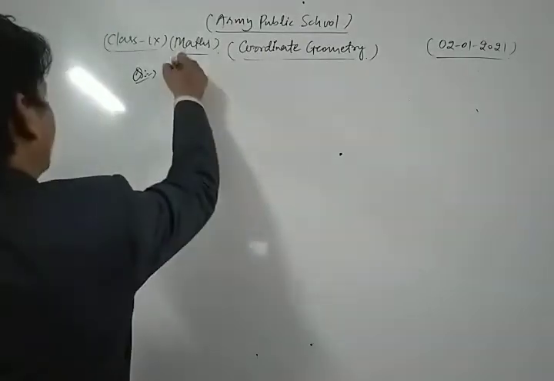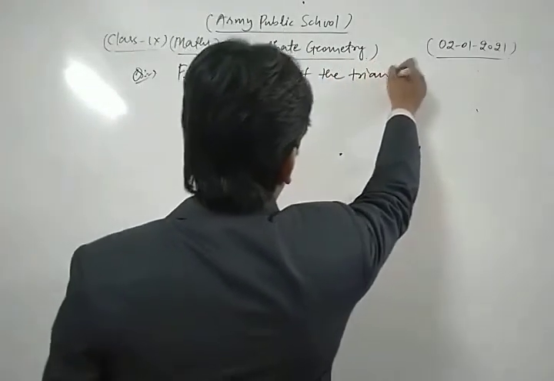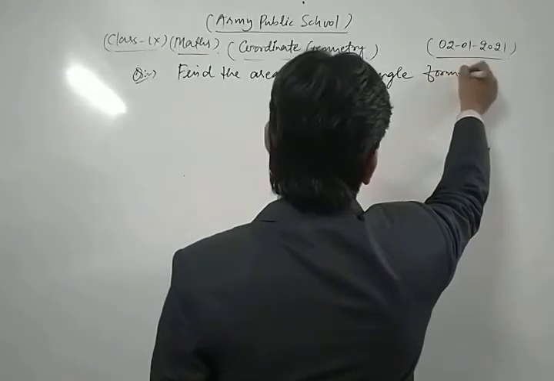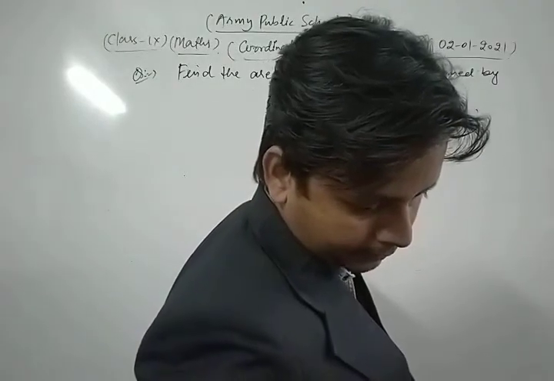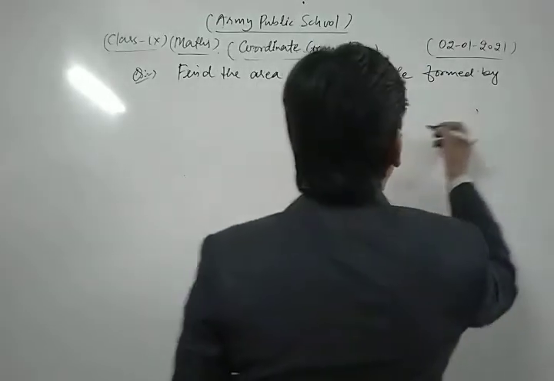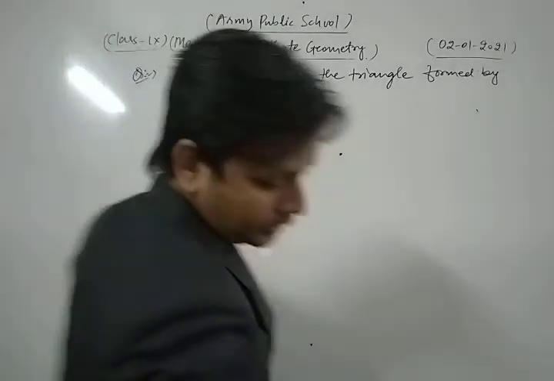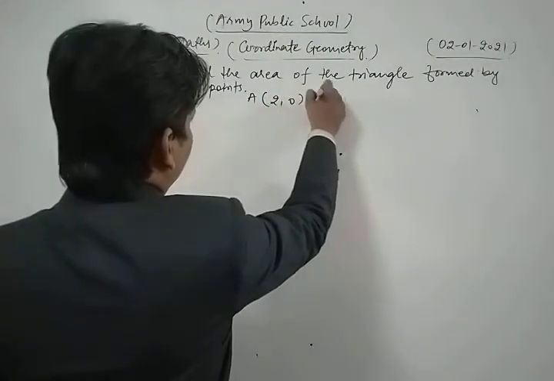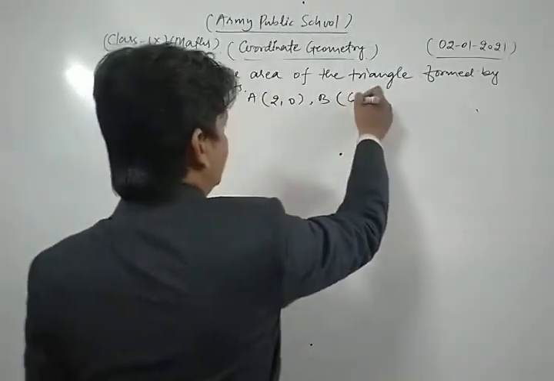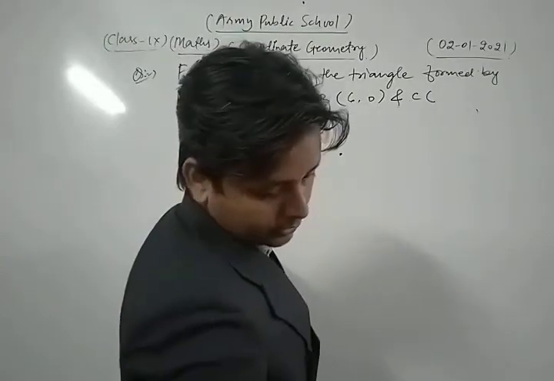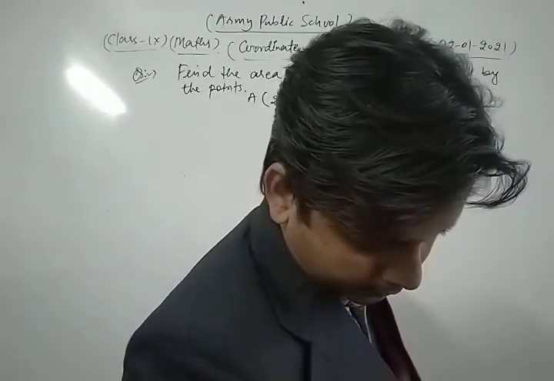Find the area of the triangle formed by the points A is 2, 0, B is 6, 0, and C is 4 comma 6.